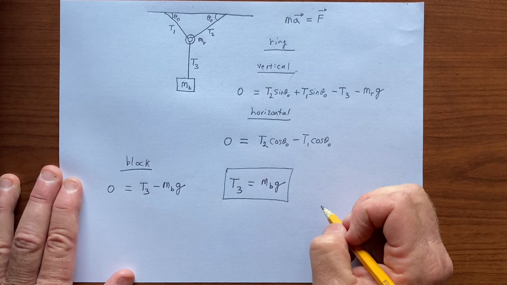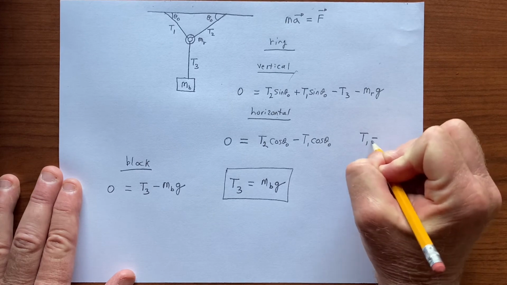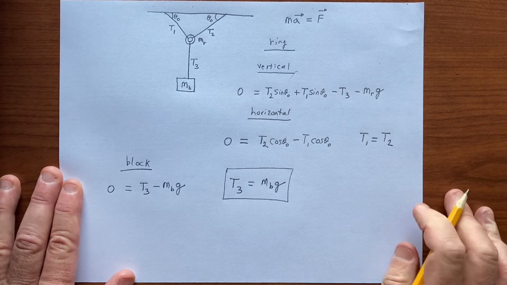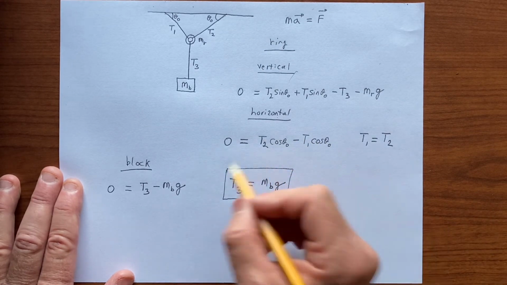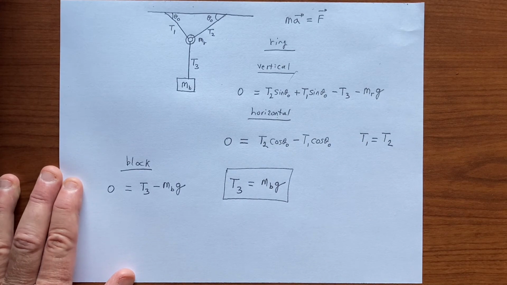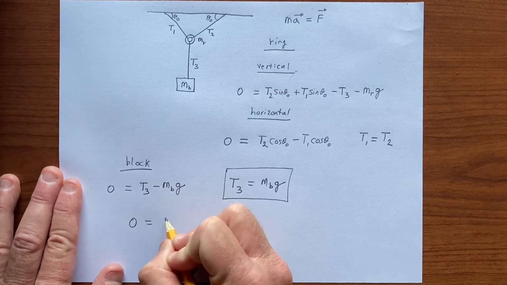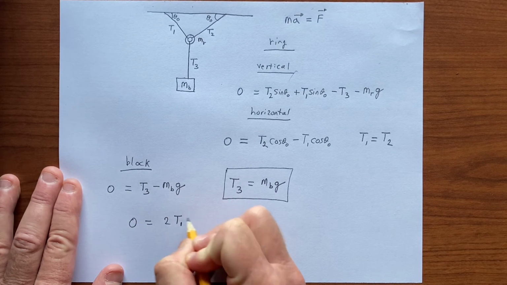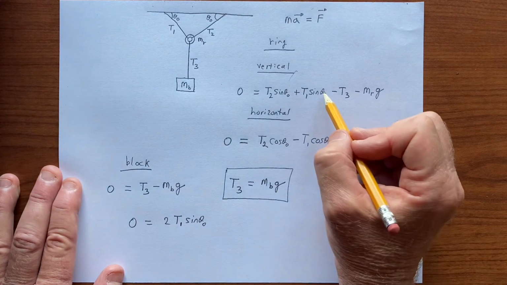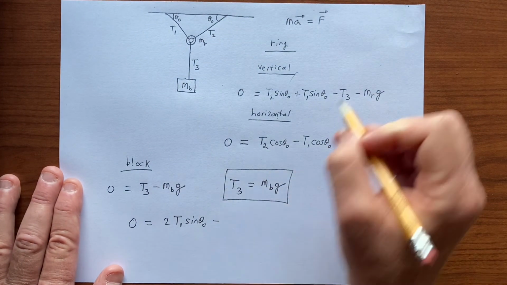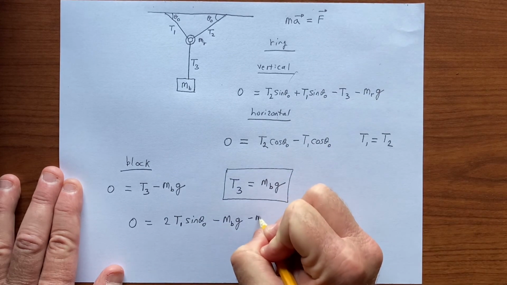Now let's find T1 and T2. The horizontal equation tells us that T1 is equal to T2: when we bring one term to the other side and solve, we get that they're equal to each other. So we just need to find T1 or T2 from the vertical equation, which says 0 equals 2 T1 sine theta naught, replacing T2 with T1, minus T3, which I know, replacing it, and then minus mRg.